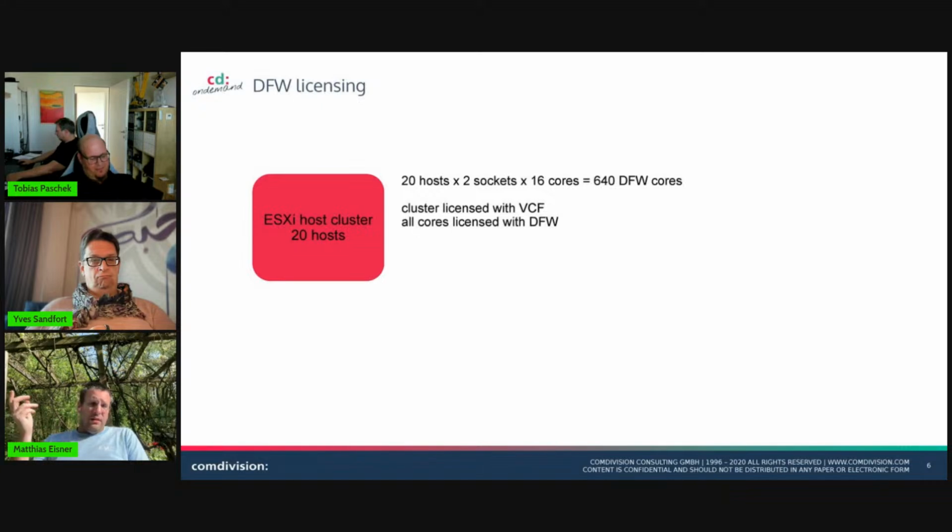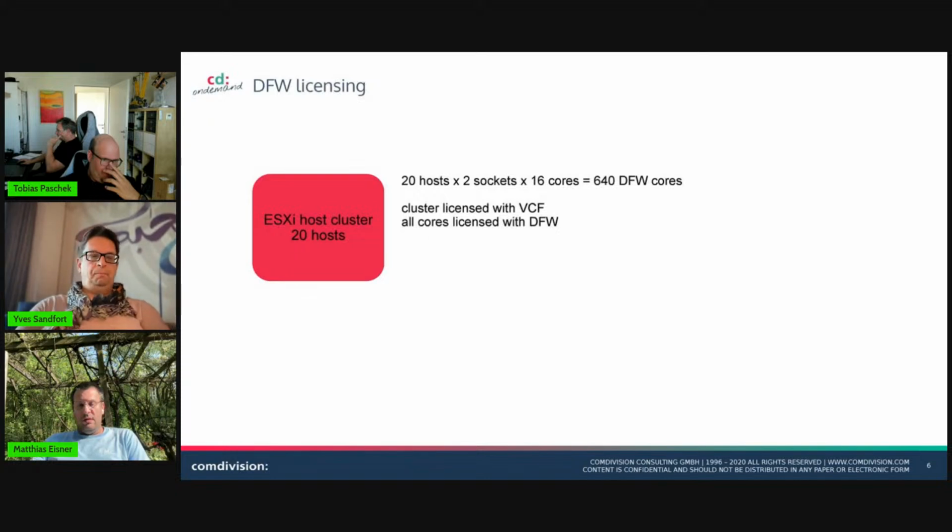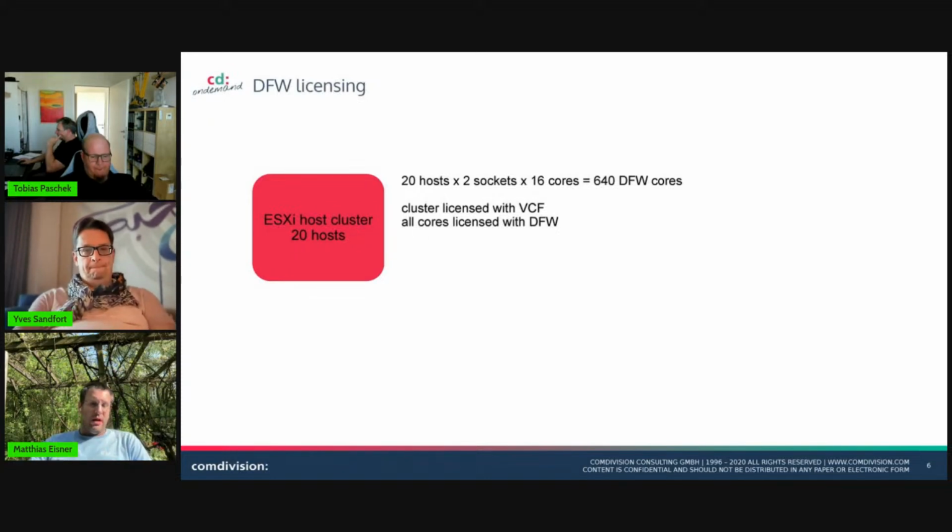And the list price is still $120 US. So that's a pretty nice price tag per year. If none of your customers use the DFW, none of the customers would like to pay for it. Or if only very few use DFW, you cannot monetize that amount of money out of it.